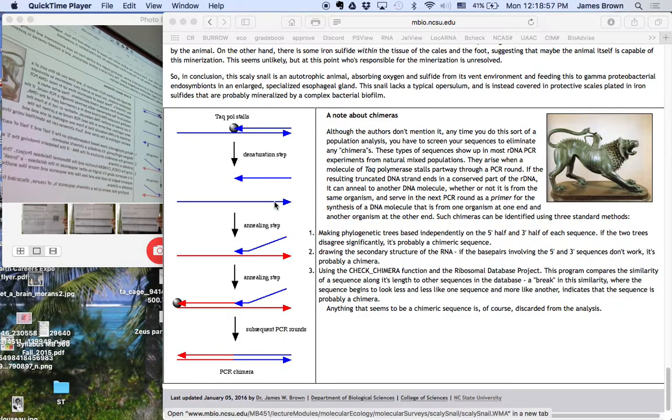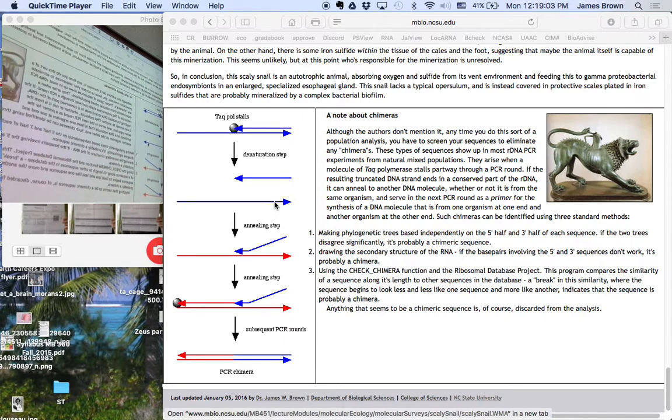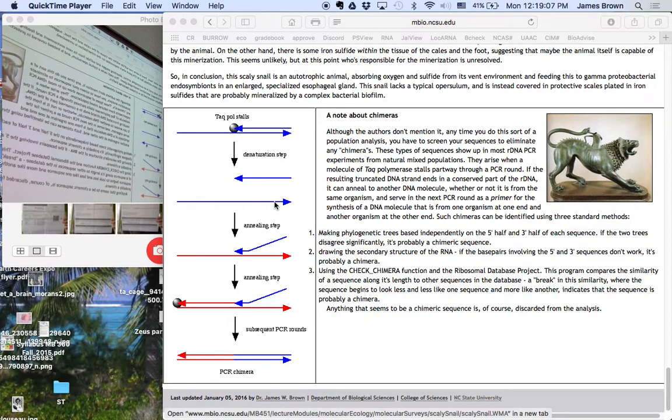Now you've got a sequence that's part from one organism and part from another. And so when you get your sequence collection, most of the sequences are fine, but occasionally you get some that are like this. And you have to have a mechanism to recognize those.